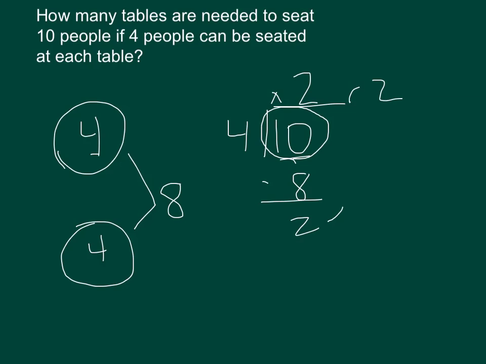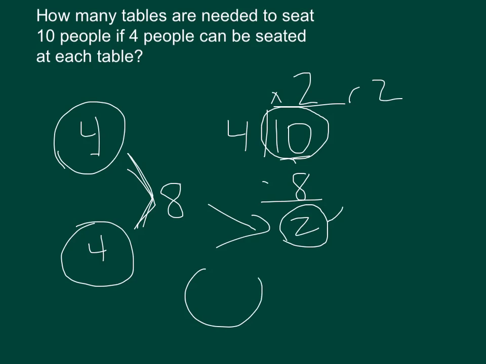So far, if I have two tables of 4, that's 8 people, I have 2 people that are left over here. Now the question is asking how many tables are needed to seat 10 people if 4 people can be seated at each table. Well, right at these 2 tables right here, there are a total of 8 people, but we need to include these 2 people that are left over.